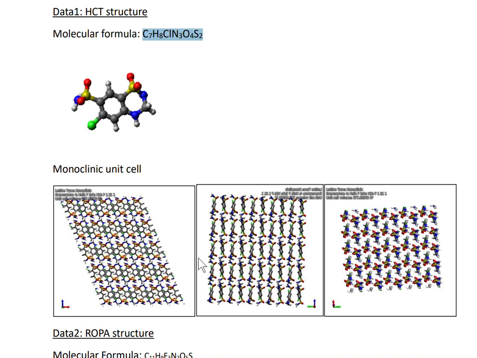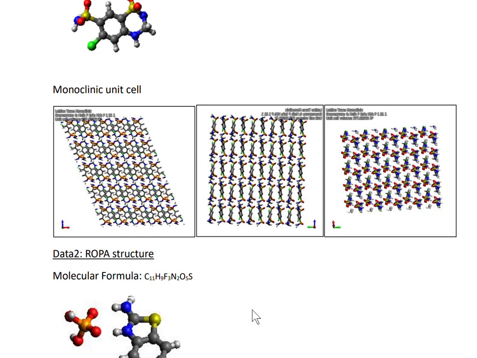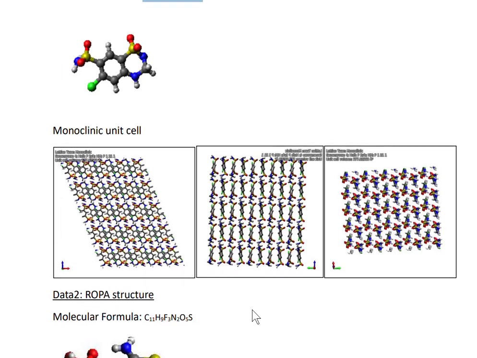And along the three directions, that is along A, along B, along C, if we see the crystal, these are the crystal arrangements. So we can see that in all the three directions, the packing is different. Some atoms are exposed, different atoms are exposed at different phases, and that is seen for this HCT.